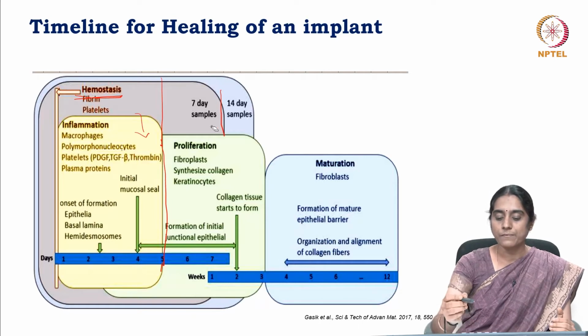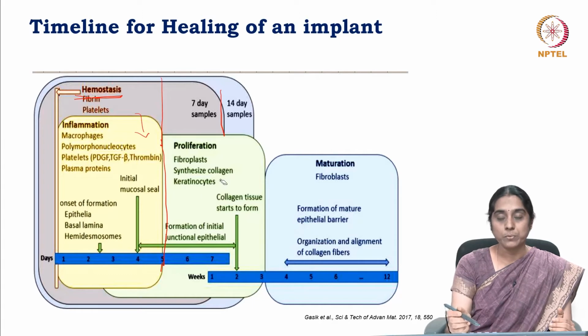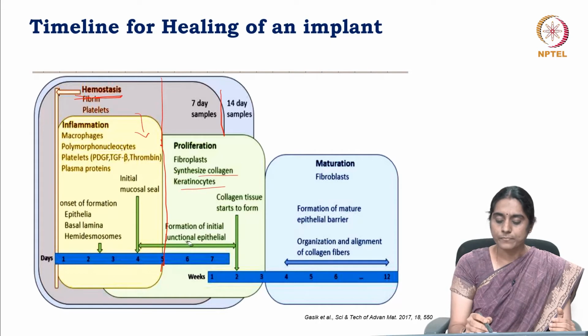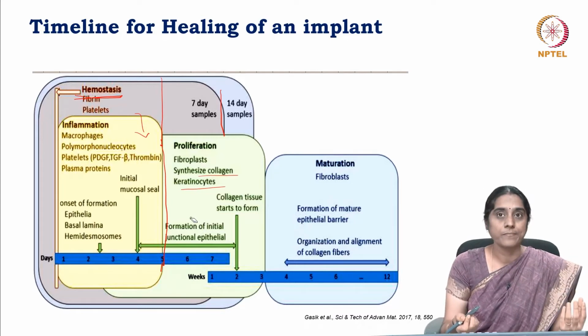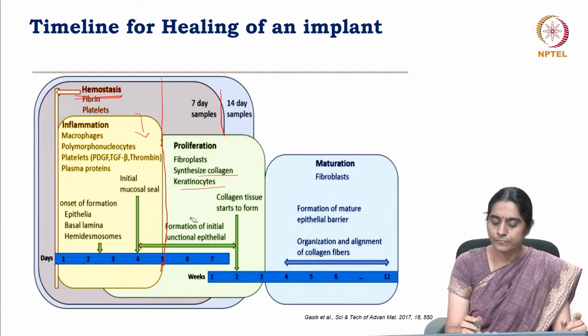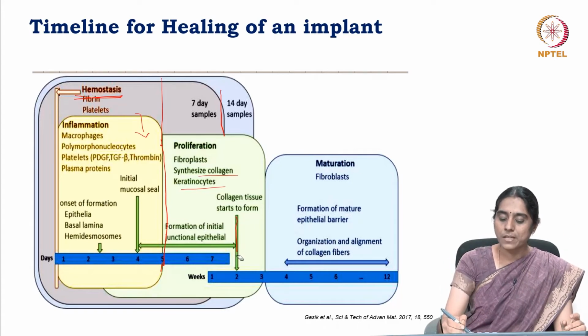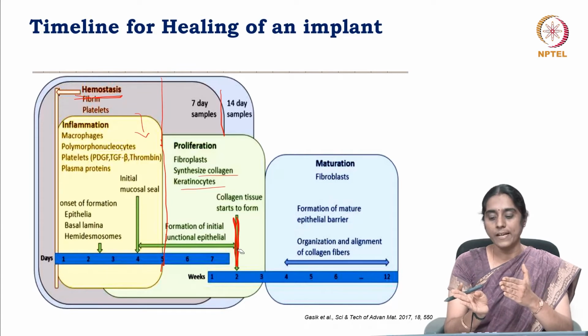And later, after 7 days, the fibroblast cells are going to be recruited there, which will synthesize collagen, and there are also certain areas where keratinocytes will be recruited. This will produce keratin. So, that will also participate in the capsule formation. This helps in the formation of the initial junction at the biomaterial interface.